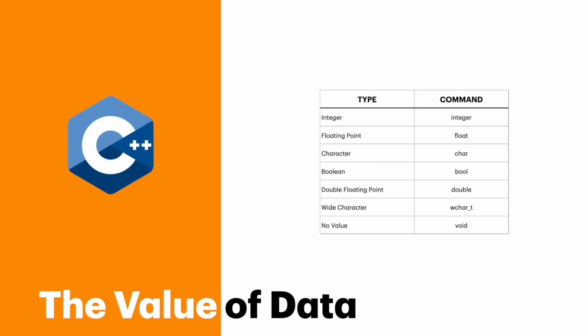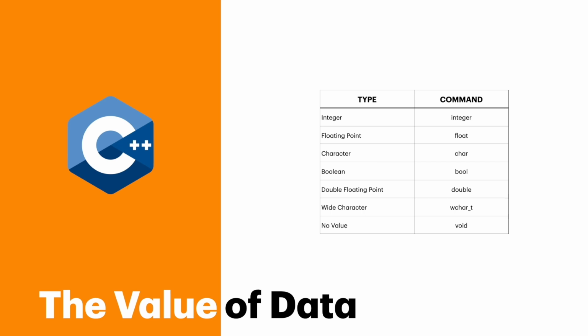The 7 basic data types are integer, floating point, character, boolean, double floating point, wide character, and no value. These basic types can also be extended using the following modifiers: long, short, signed and unsigned.